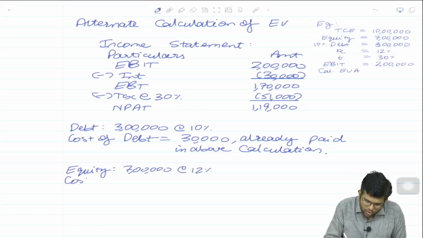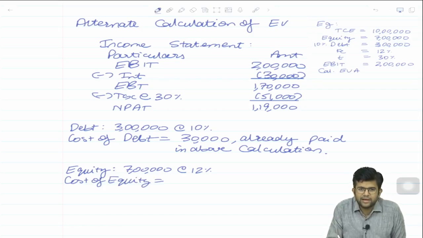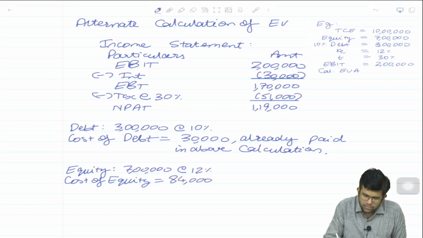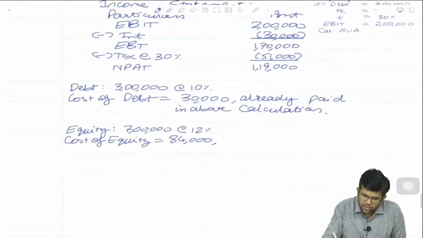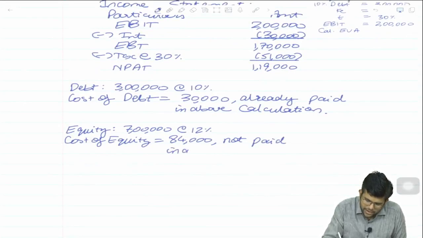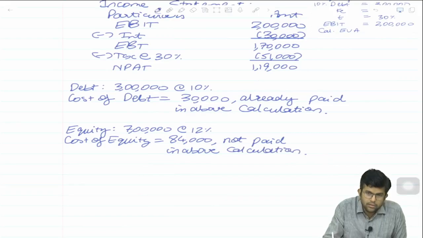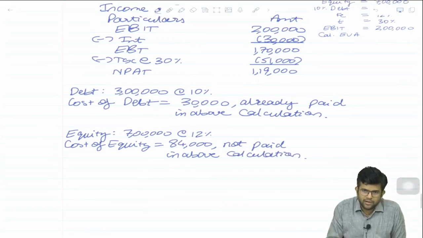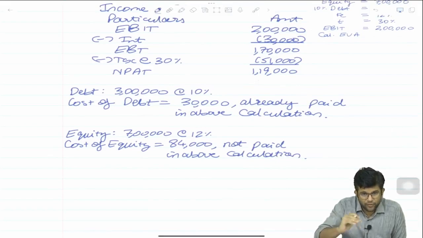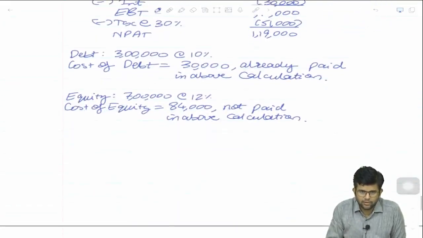Can I say cost of equity will be 7 lakh into 12%, that is 84,000. Not paid in above calculation. Do you agree with me? Everyone done? Which means it has to be paid from NPAT. You are following?